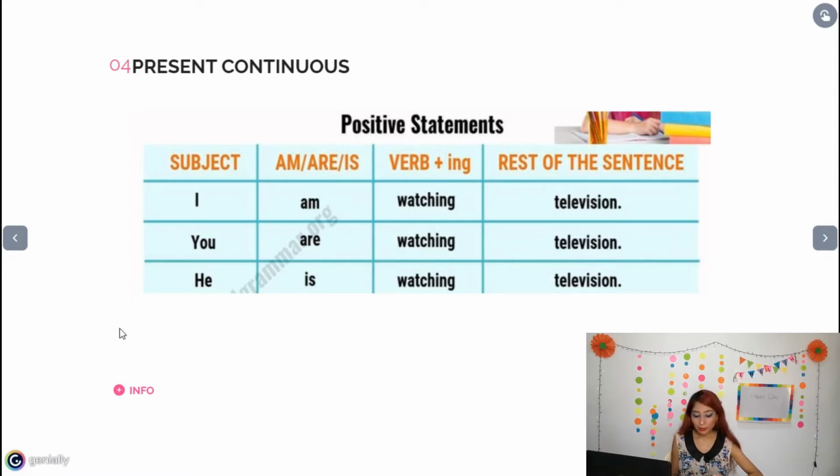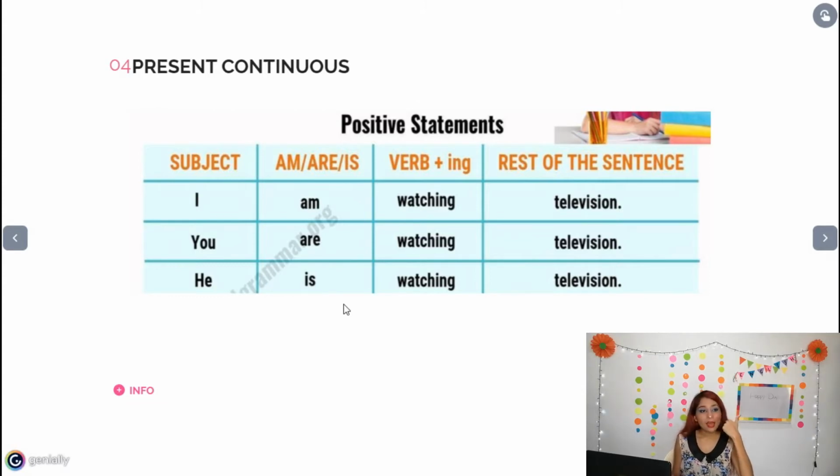Next to the personal pronoun, or next to the subject, is going to be the verb to be. What's the verb to be? The verb to be has 3 forms: am, is, are. And as you can see, I am, you are, he is. And next to the verb to be is going to be our main verb.